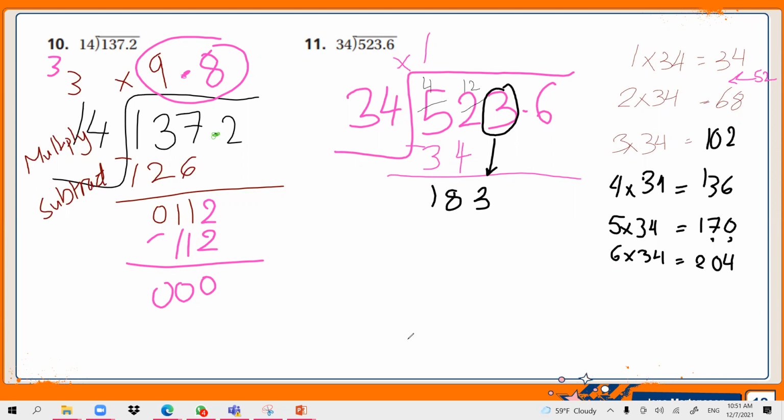Okay, so what did you take now? You will take 170 or 204? Bravo. What is the number that you multiplied by 34, you get 170? 5. You will put 5 up.